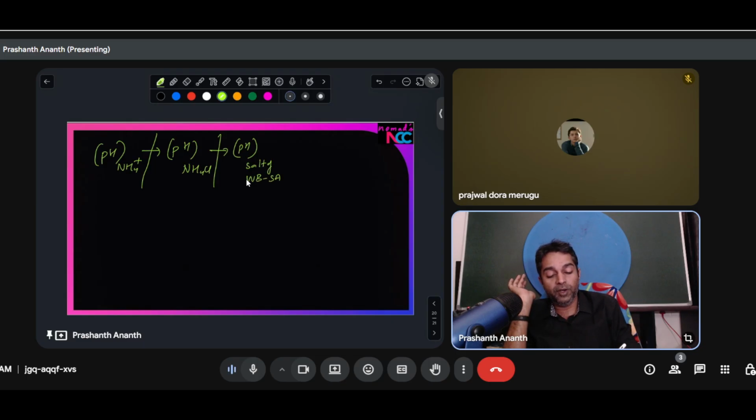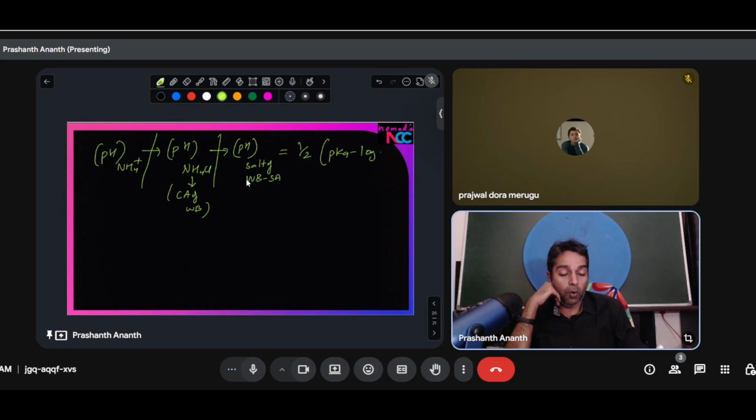In the sense, this is going to be the conjugate acid of a weak base. So effectively, you're going to be having it as a salt of weak base and strong acid, which can be written as half into pKa minus log C. What is Ka though? Ka for the conjugate acid has to be used over here. That is going to be Kw by Kb of my weak base.